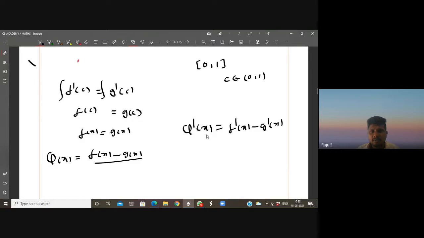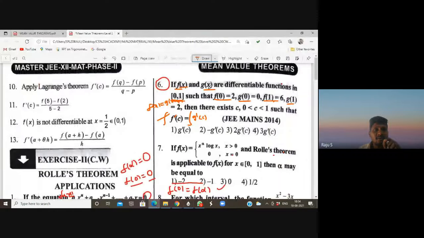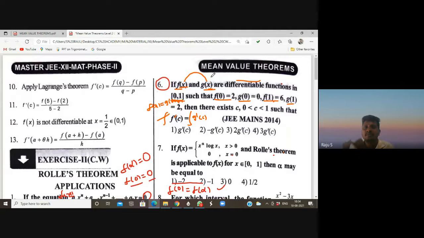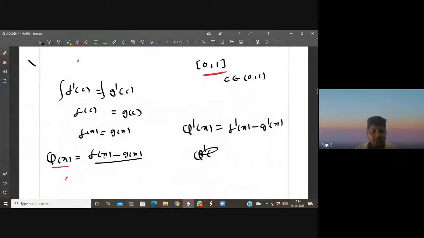When I consider phi of x as f of x minus g of x, phi of x must be continuous and differentiable, because f of x and g of x are already given as differentiable. Every differentiable function is continuous, so I can easily say f of x minus g of x is always continuous and always differentiable.